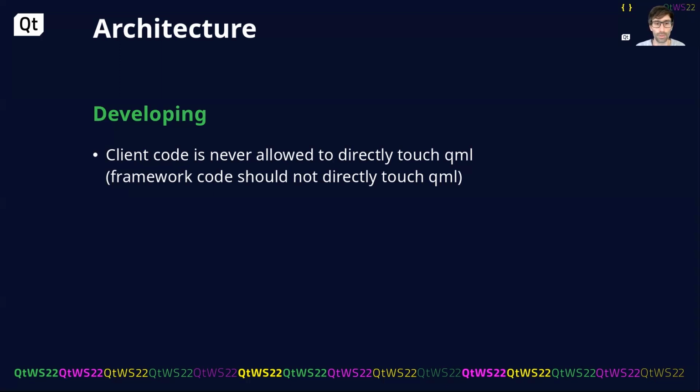We need to do some stuff on the QML, for instance, to be able to have automatic resizing of our QML content for our dialogues and for our panels. So we do make an exception there. But we've had this as a rule for more than 2 years, and this is working out great.